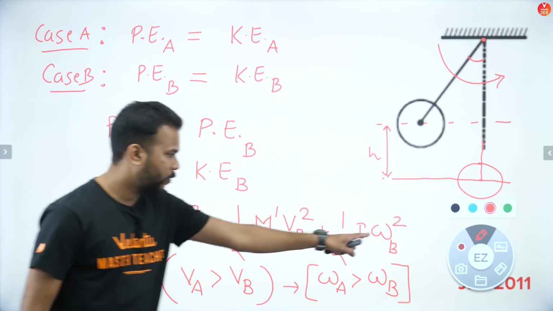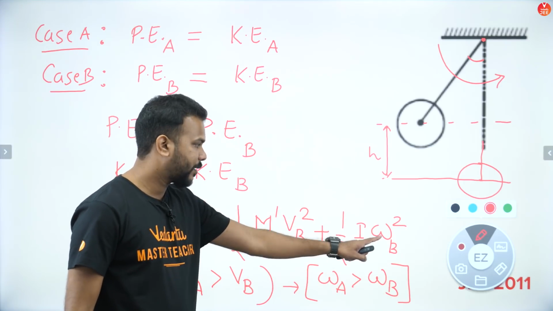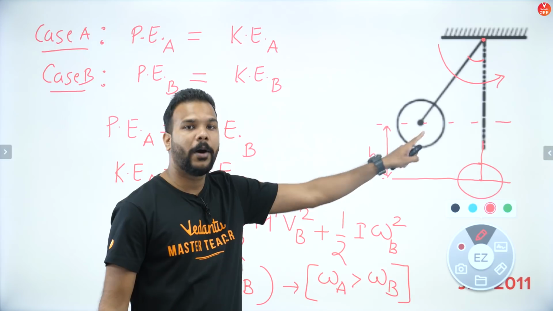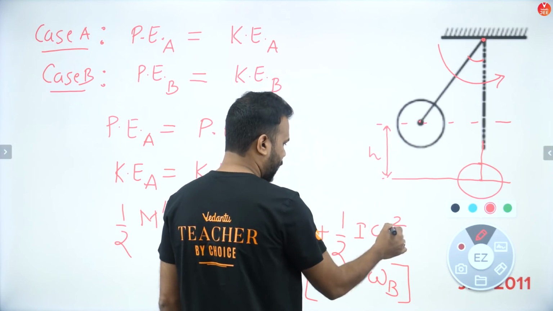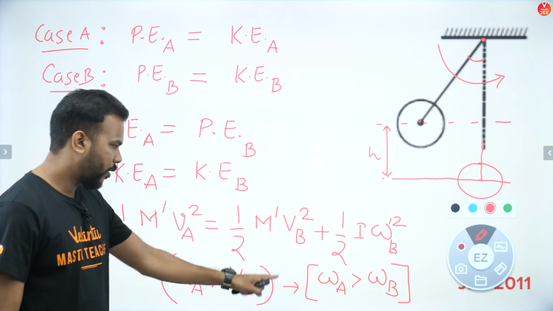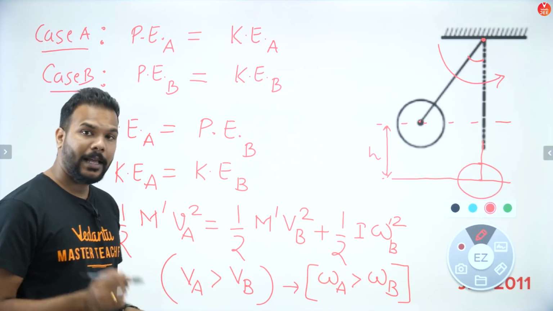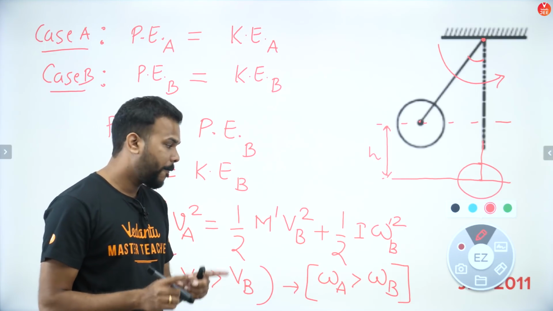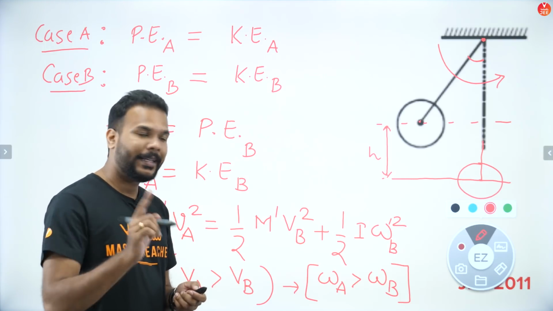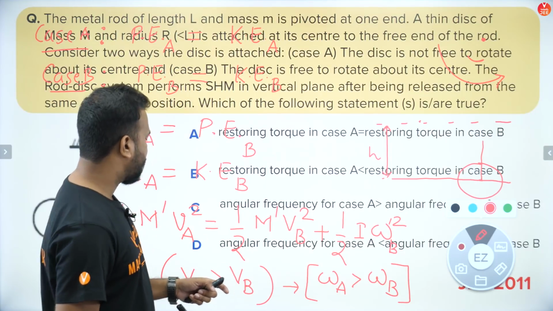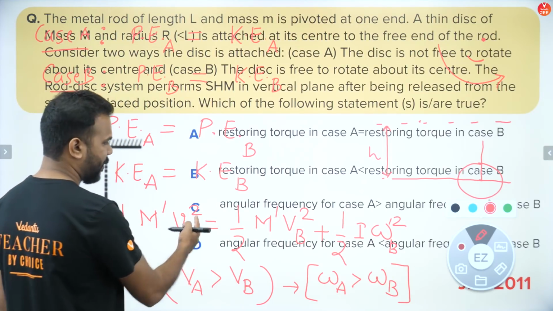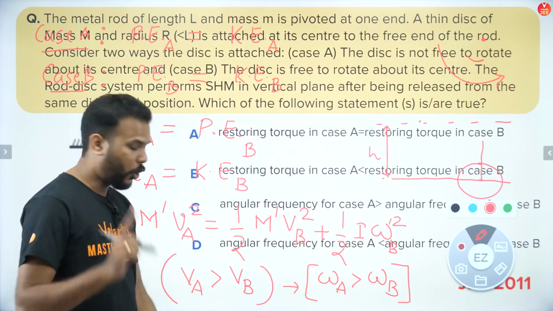Okay guys, this omega and this omega are different. This is the angular velocity of the rod about the hinging point, which is here. Let's call it omega dash, so now there is no confusion. In case A, the angular velocity will be more in comparison to case B. That means we can say that option C is surely correct.